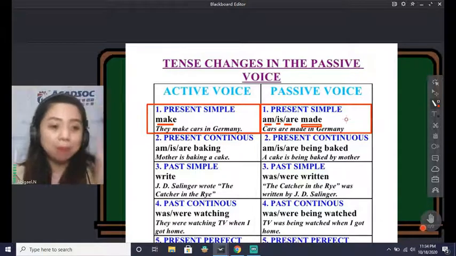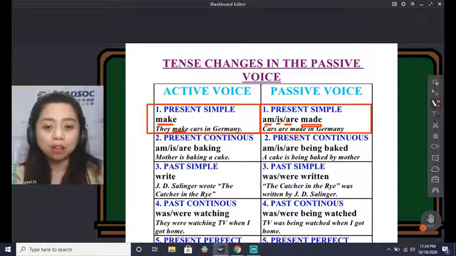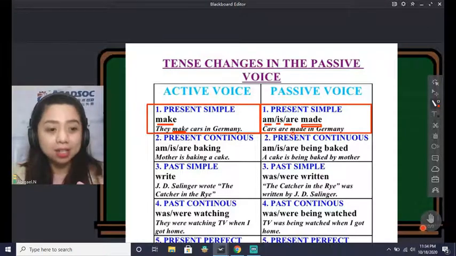So this is the pattern we're going to follow. They make cars in Germany. That is active voice in present simple. Now, for you to change it to passive voice, you will say cars are made in Germany.